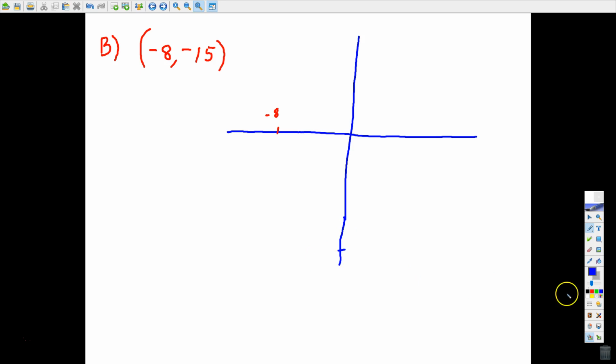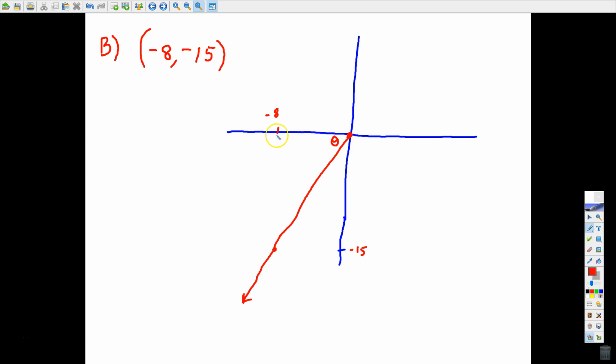Obviously, that's going to be in quadrant 3. So here's the point, -8, -15. My angle, the terminal side of that angle goes through that point. All right, so this is my angle theta.